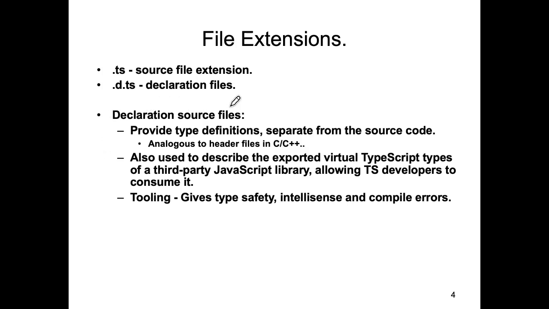Because what these declaration source files do is they essentially tell us what data types are being used within your JavaScript third-party library. And they're excellent as well. They come into play when we're using IDEs or editors. They provide all the kind of hinting and intelligence to us, as we'll see in a while. So we mainly write .ts files, but we can also have .d.ts files in our source code.